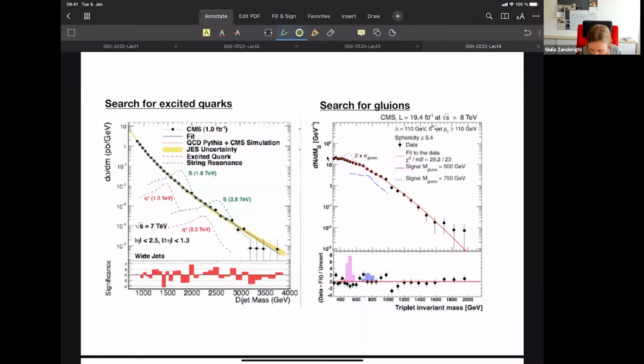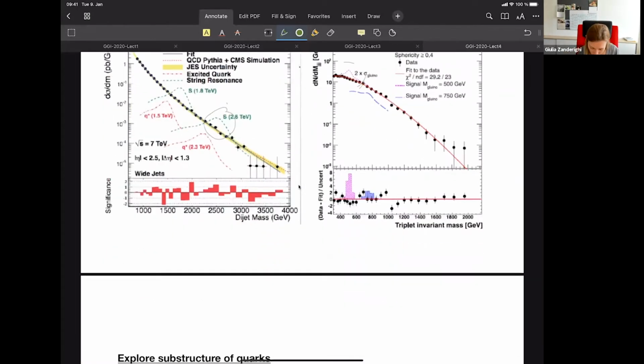You can constrain models that predict resonances, for instance, like little bumps here. And for this type of bump hunt, all you need to see is that there is no bump. You don't really care so much about the shape that you control when you do these higher order calculations.